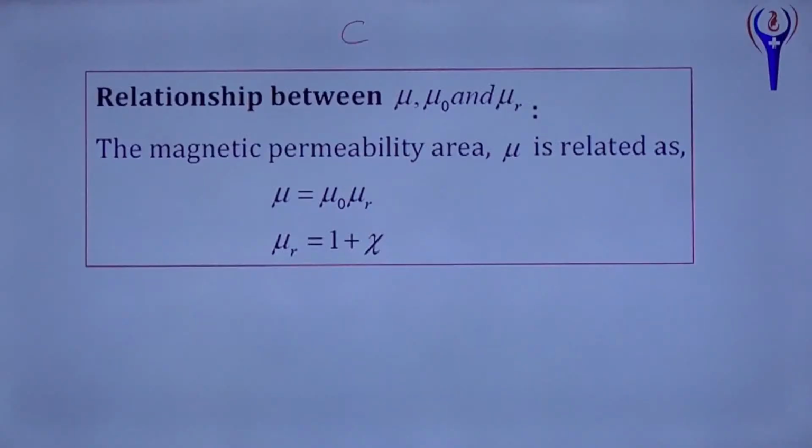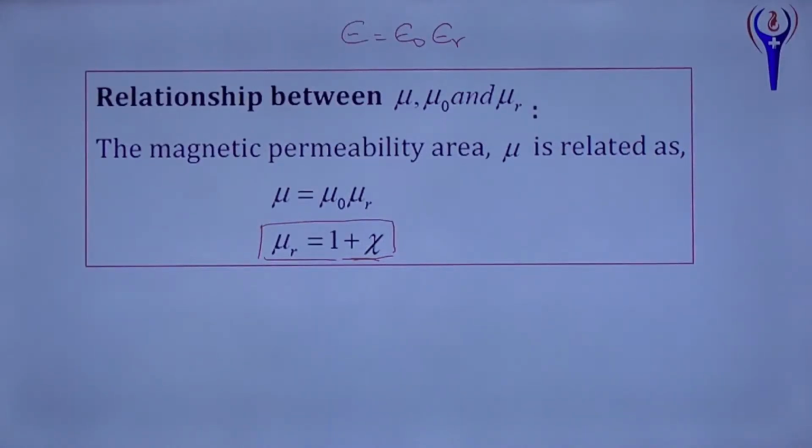Just like in electrostatics we studied, epsilon equal to epsilon naught into epsilon r, just like that here, mu equal to mu naught into mu r. Here mu r is the relative permeability, and mu r equal to 1 plus chi is an important relationship between relative permeability and susceptibility.